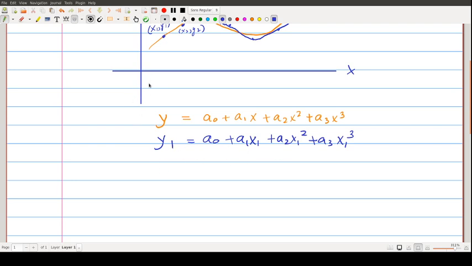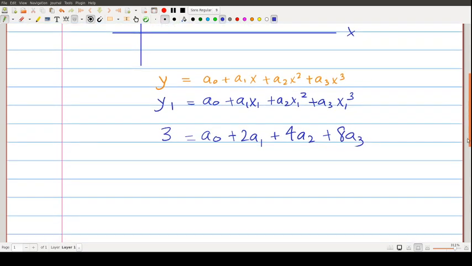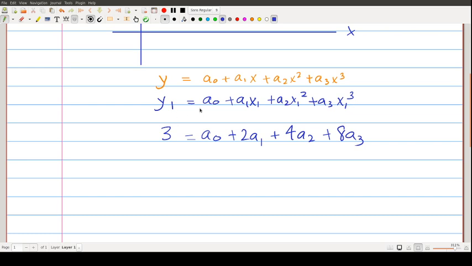For example, if x1 is 2 and y1 is 3, then this equation simply says 3 equals a naught plus 2 times a1 plus 4 times a2 plus 8 times a3. So don't think of it as a degree 3 equation in x1. Think of it as a linear equation in a naught, a1, a2 and a3.